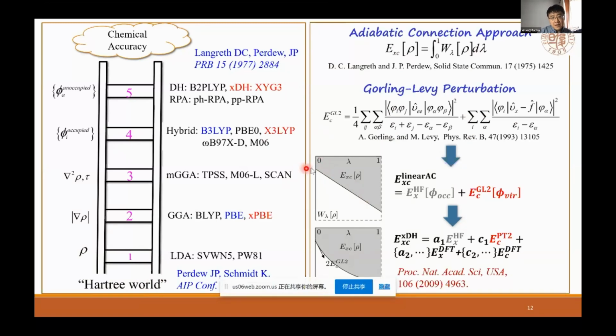Most specifically, the Hartree exchange describes the initial position of the adiabatic connection formalism, from a non-interacting system to the fully interacting system, while the second-order perturbation describes an initial slope, which are both important for an accurate construction of the functional. So XYG3 is actually a double hybrid functional, hybridizing both Hartree exchange and DFT exchange.